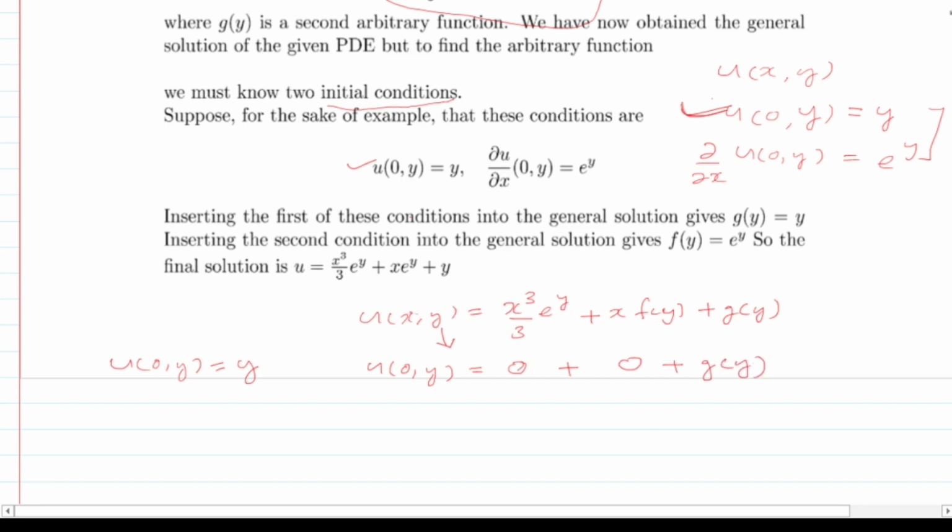But it is given as y, so we can equate these two. That implies g of y is equal to y. Now the second condition was given, ∂u/∂x of u(0, y) is equal to e^y. See here.